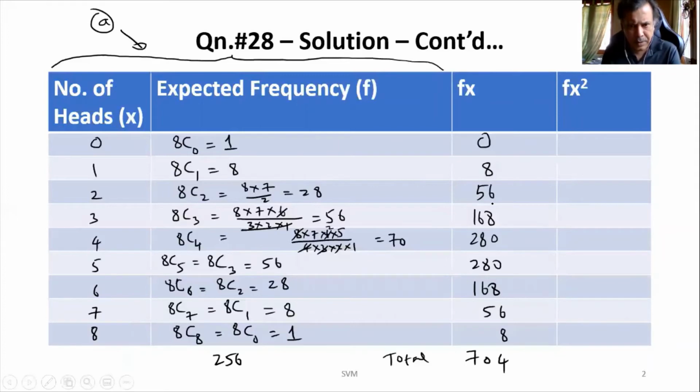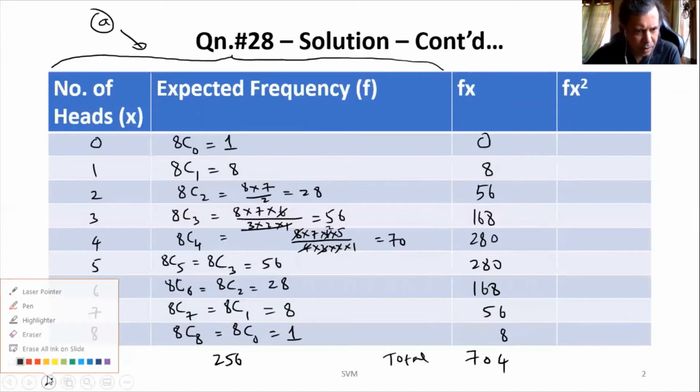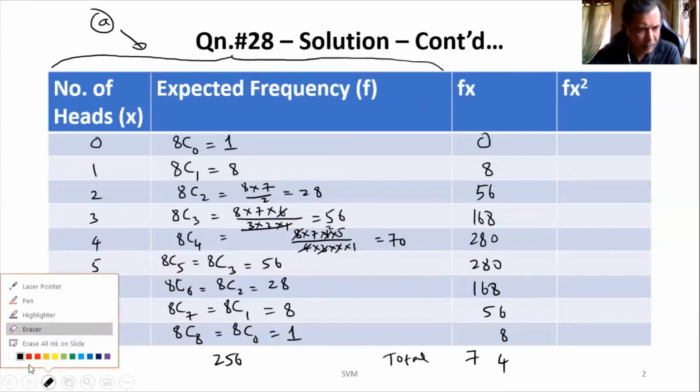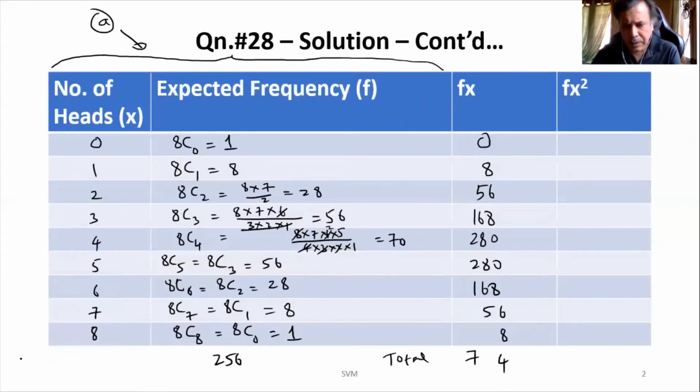So earlier I wrote 16. So for 704, I will subtract 16 and add 56. So 744. This is 744, not 704. So 744 divided by 256.